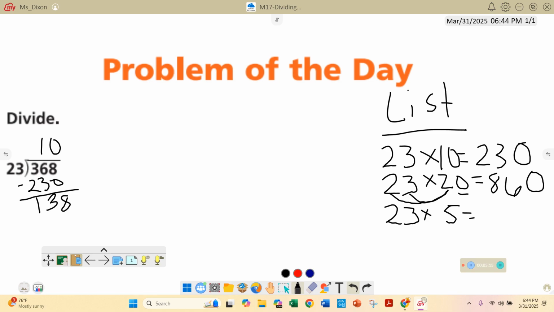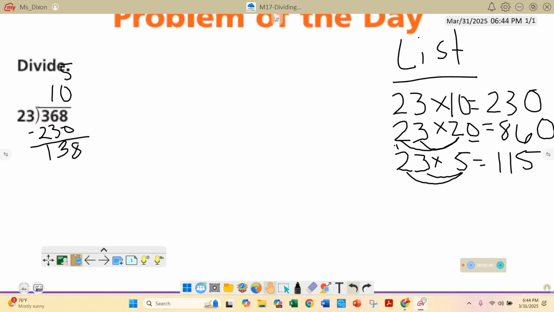That's going to be 23 times 5. 5 times 3 is 15. Regroup that 1. 2 times 5 is 10, plus 1 is 11. We can take out 5 groups because we can subtract 115 from 138. So we're going to take out 5 groups of 23, which we already said was 115.